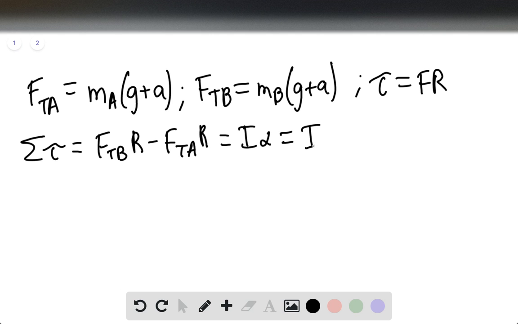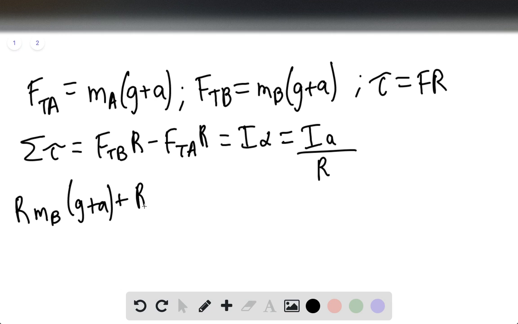And if we wanted to substitute for the angular acceleration, we can say I times A over capital R. So at this point, we can say that R MB(G plus A) minus R MA(G plus A) equals IA over R. We're simply plugging in for the force tension.